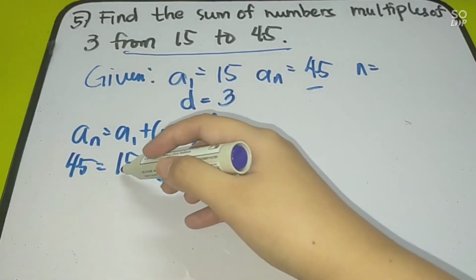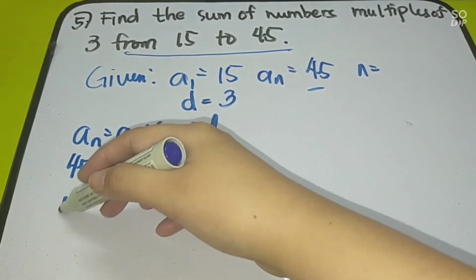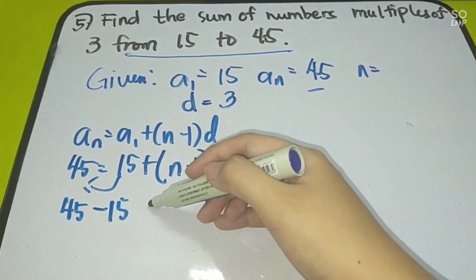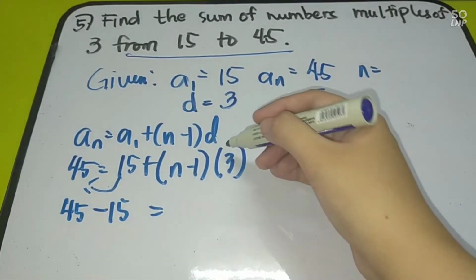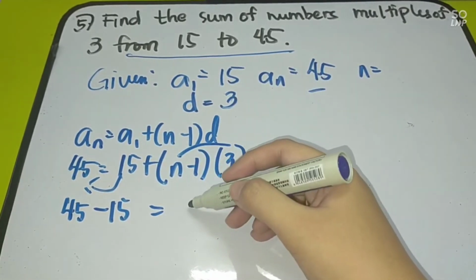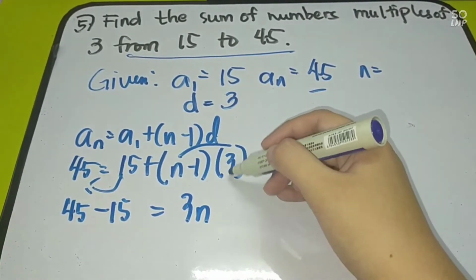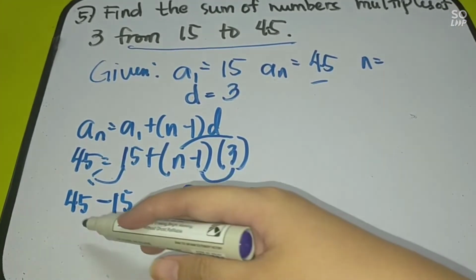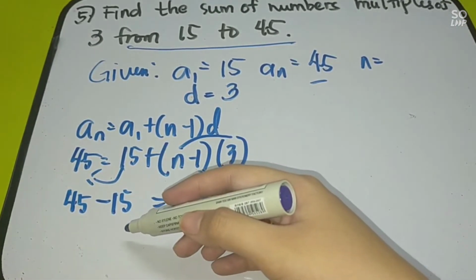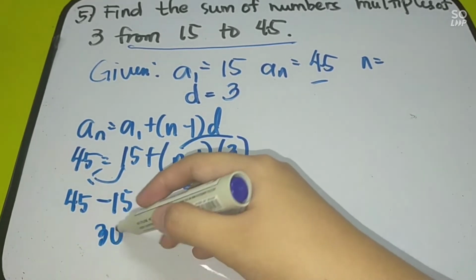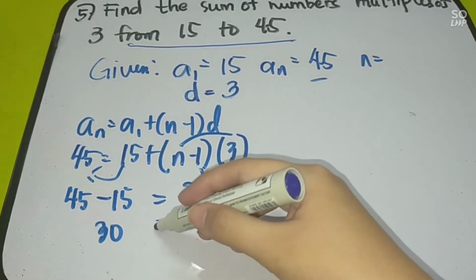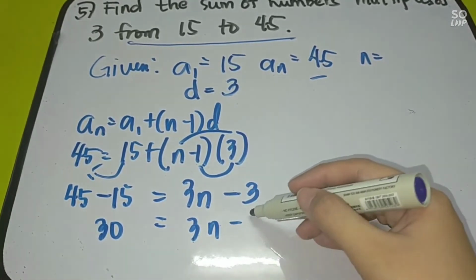Then, transpose mo na to the other side. So, we have here 45, si positive becomes negative 15, equal to, multiply, n times 3, that is 3n, 3 times negative 3, that is negative 3. Then, just subtract 45 minus 15. The answer here is 30, equals to 3n minus 3.